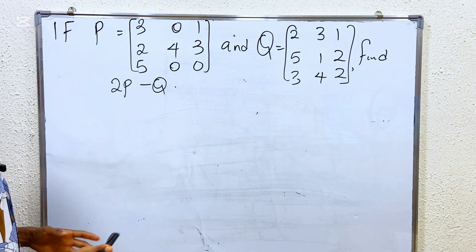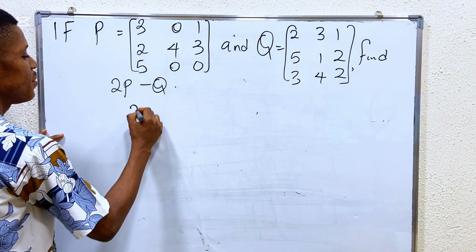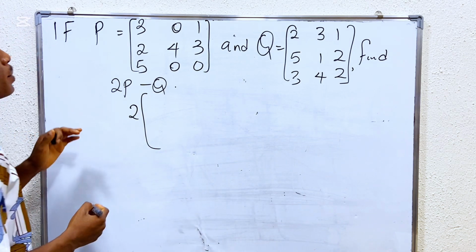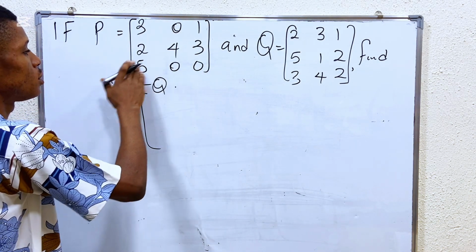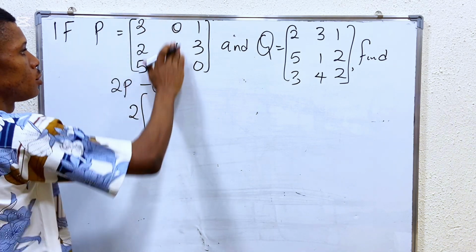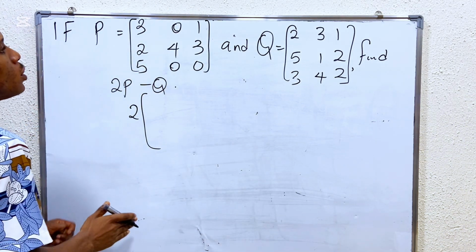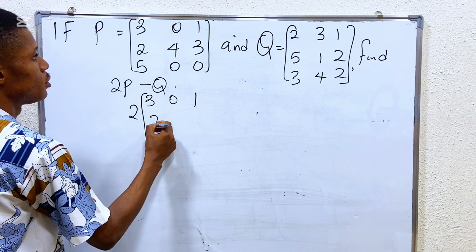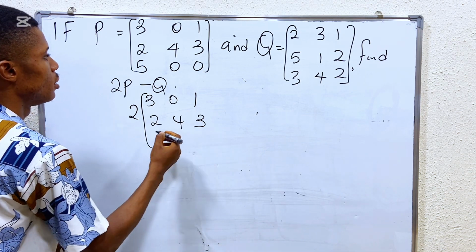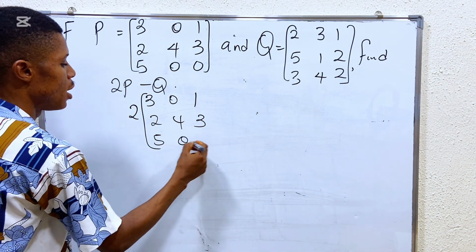Okay? To do that is very easy. So we are having 2 into matrix P, which is a 3 by 3 matrix because it has 3 rows, 1, 2, 3, and 3 columns, 1, 2, 3. Okay? So the matrix is 301, 243, 500.